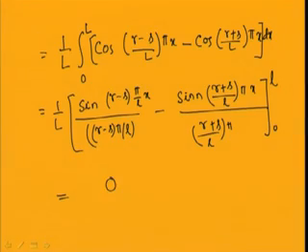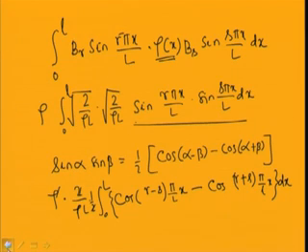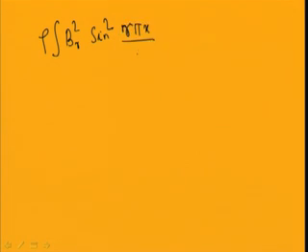You can see that these terms at x equal to L and x equal to 0 vanish and this becomes 0. So when r not equal to s, you have checked that this integral is equal to 0. When r equal to s, the integration term becomes b r square, rho into sin square of r pi x by L, dx.